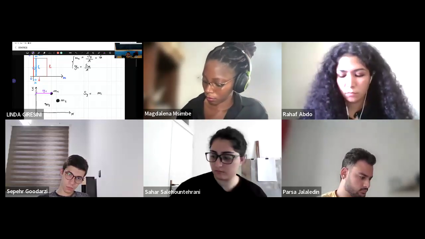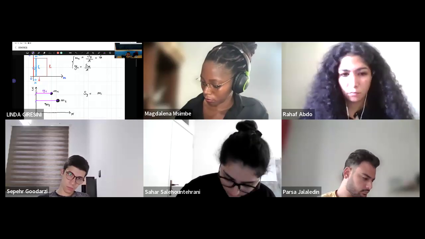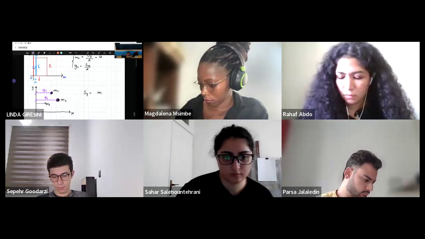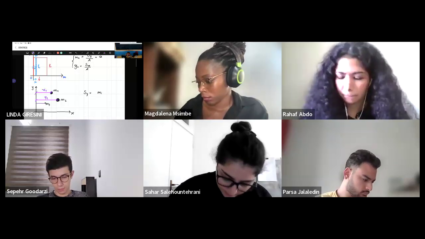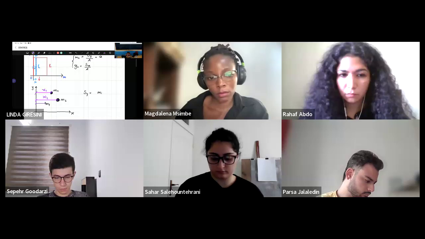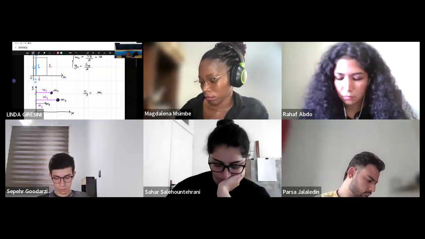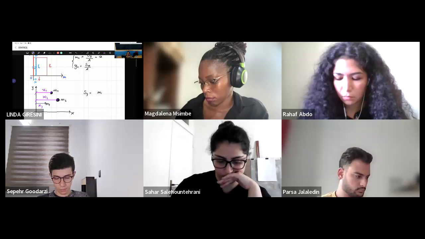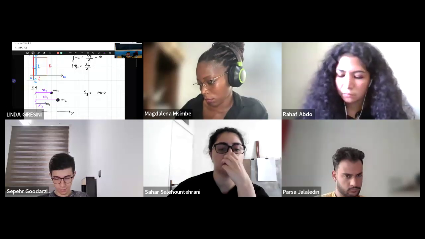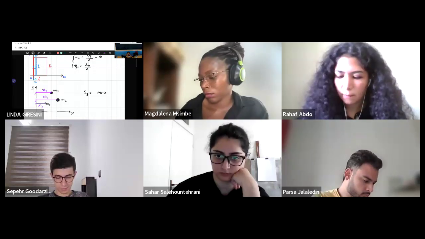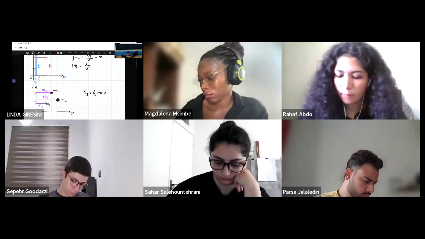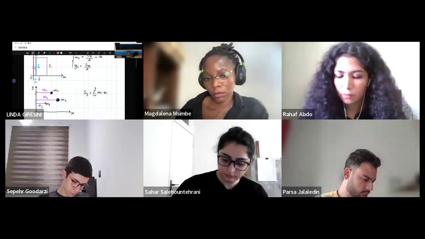So this will be x1, x2, and x3. You take each mass, multiply it by the corresponding distance from the y-axis, and make the sum, for i going from 1 to 3, because in this case you have 3 masses.